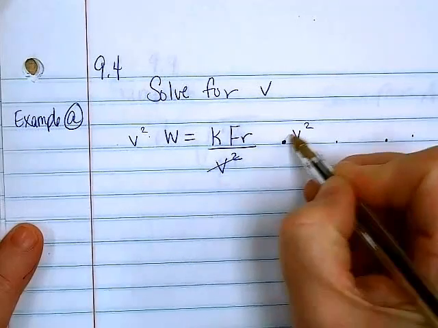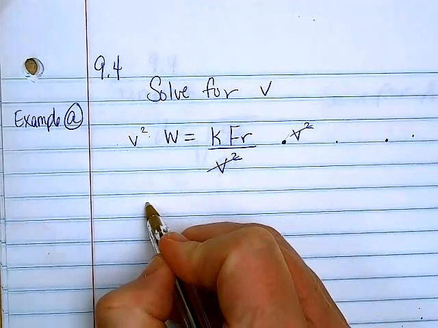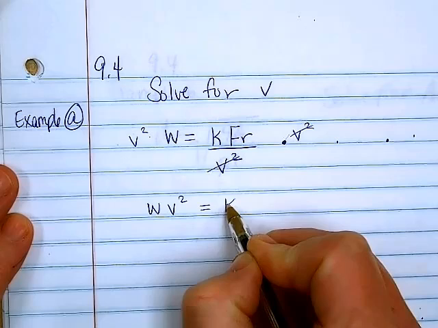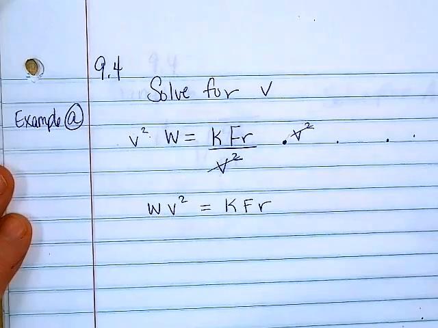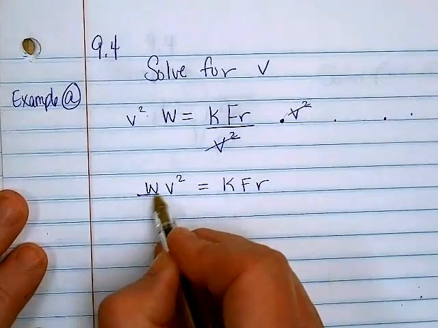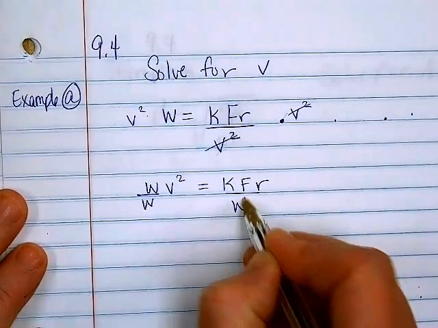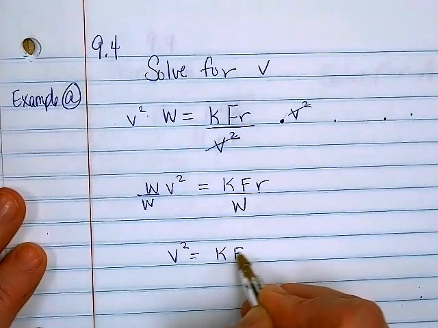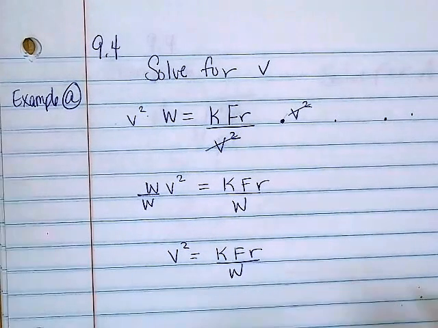Now this will cancel and I'll have V squared times W. So WV squared equals K times F times R. Now I'm getting closer. I want to isolate the V, so I'm going to divide by W. So V squared is equal to KFR over W.